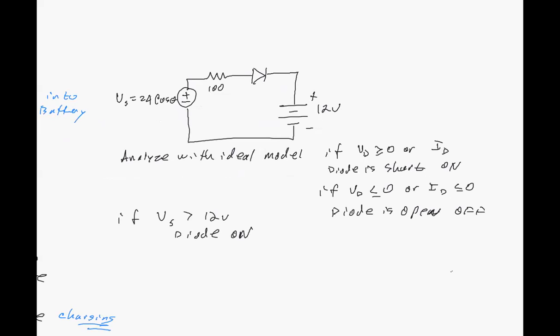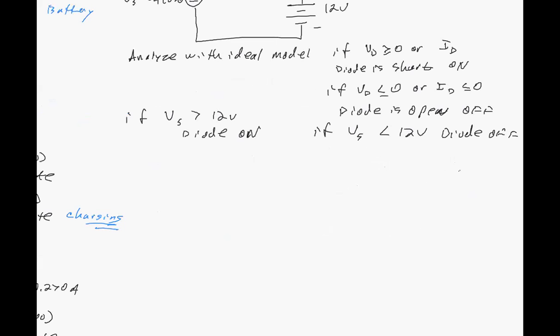And anytime it's less, it's off, or it's an open circuit. So the two possibilities would be Vs is greater than 12 volts, then we've got a short circuit.